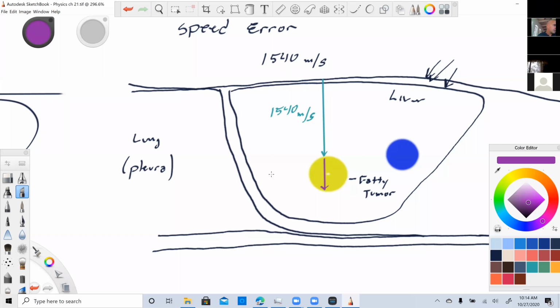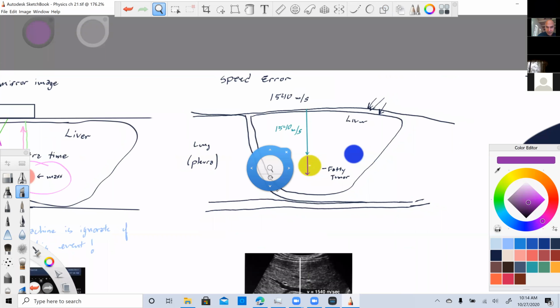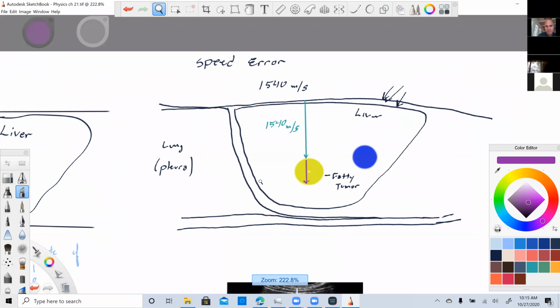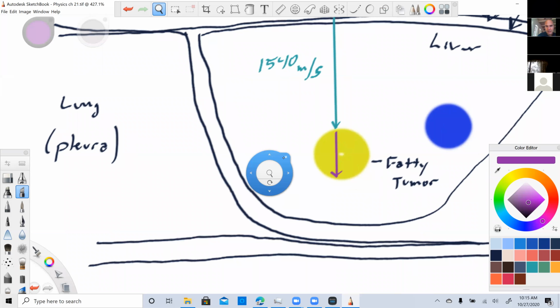I can't remember what the value is, but I do think it's actually written there, 1450. That's what I was going to guess too. Should have just gone with it. 1450 meters per second.